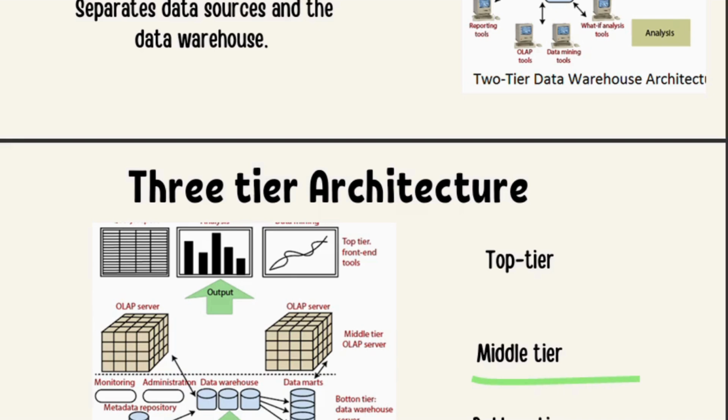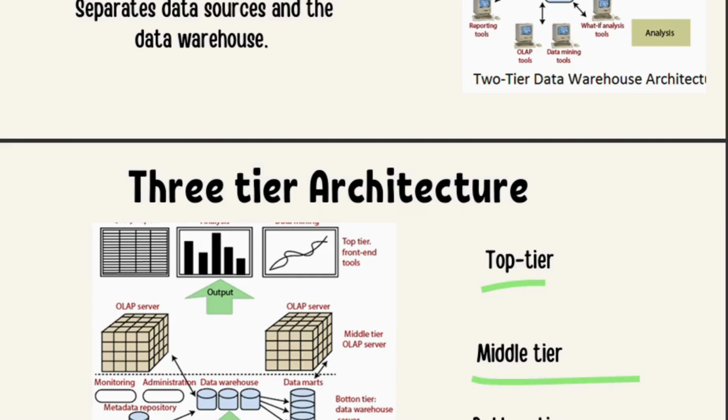This is where most complex calculations and multi-dimensional analysis happen. And the top tier is where it's finally delivered, so it is also called the delivery area. The front-end tools present the data in an easy to understand format like reports and charts.